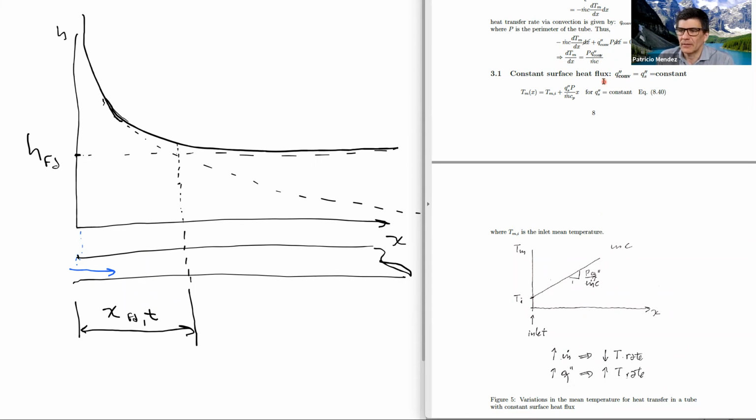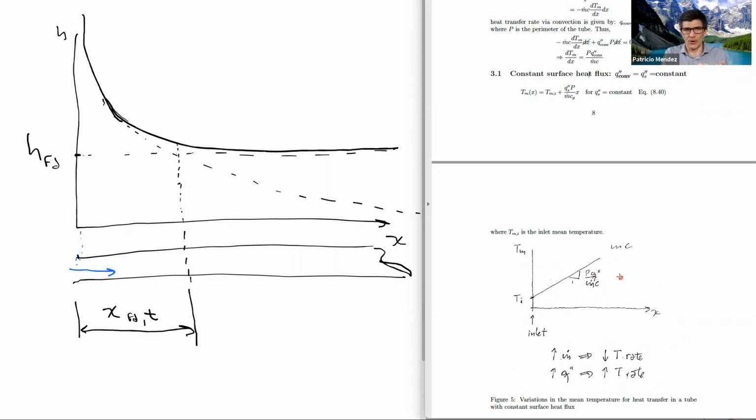What else do we see from working with this equation? Well, in this equation, we had the mass flow and specific heat. And we see that if we increase the mass flow, right, the slope is going to be shallower. And of course, we know this. Anybody who has played with a heat exchanger knows this. If I'm putting some amount of heat and I flow water through a tube, the water is going to warm up.